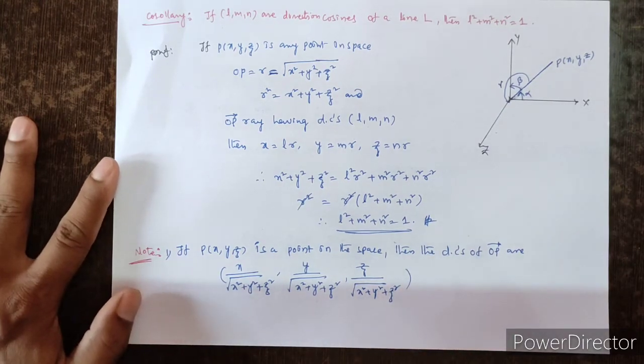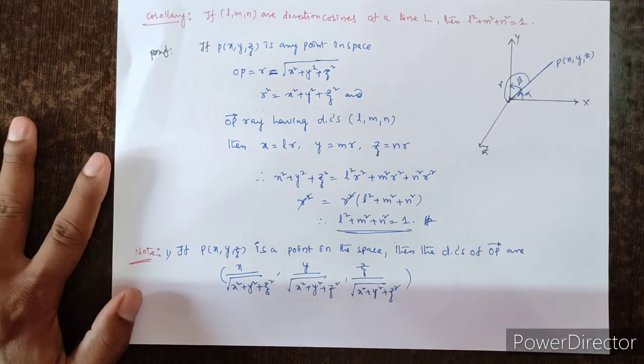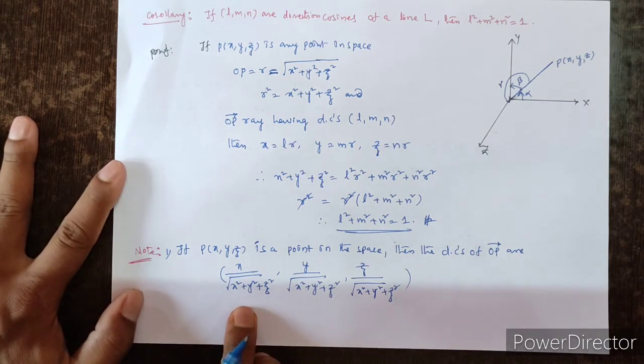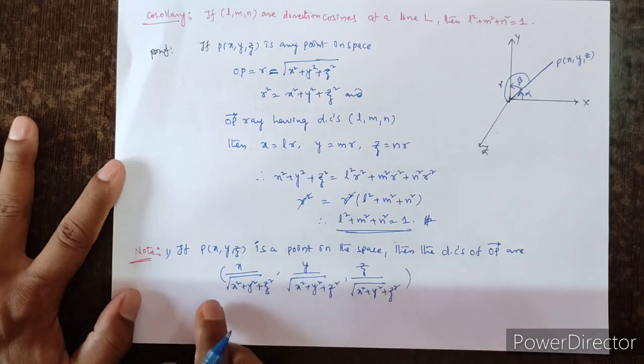If the point is given, we can find the direction cosines of the point in any space.